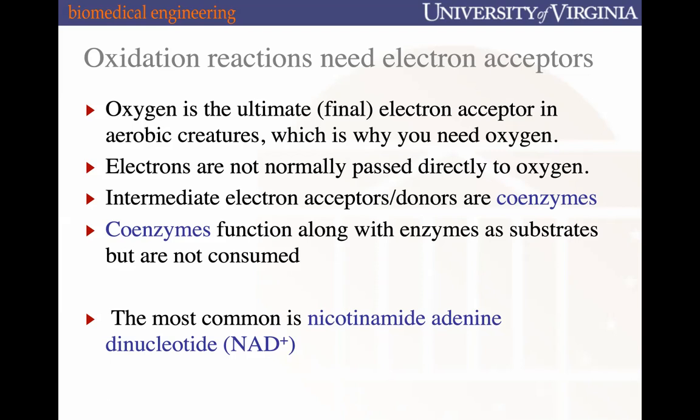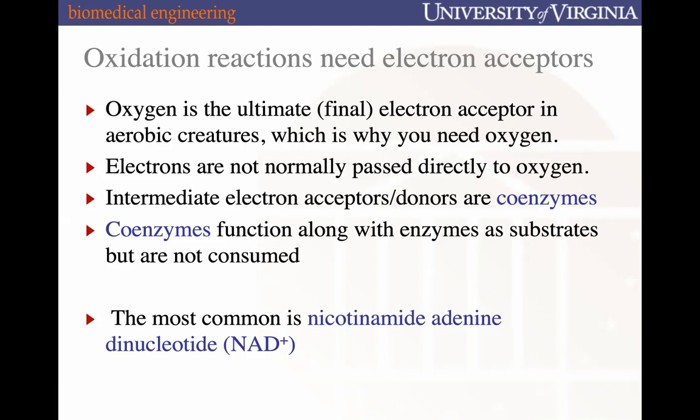If you remember, we talked about coenzymes and cofactors many lectures ago. The important distinction here is that coenzymes will typically temporarily accept, to later donate, the electrons for ATP generation, and they function along with enzymes as their substrates.